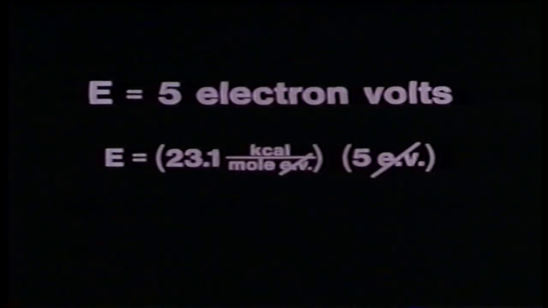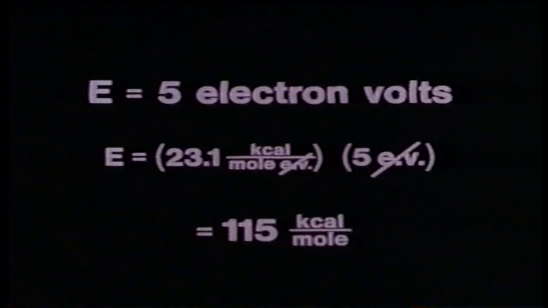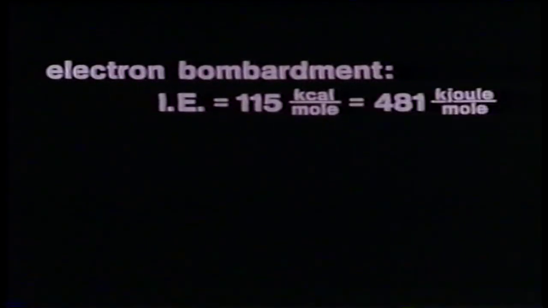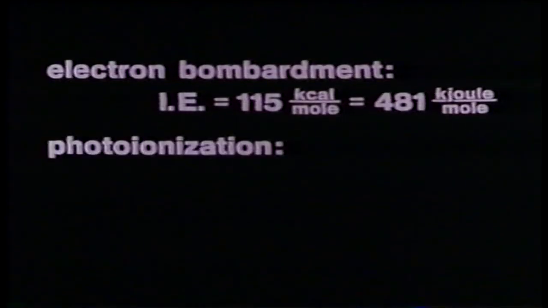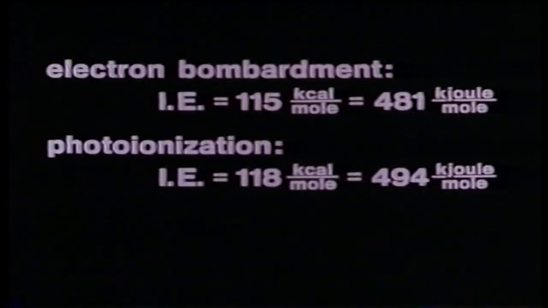Thus, we obtain about 115 kilocalories per mole with an uncertainty of about plus or minus 10. In kilojoules per mole, this would be 481 plus or minus 40 kilojoules per mole. This is in good agreement, within experimental uncertainty, with the value determined by the photoionization method, 118 kilocalories per mole.